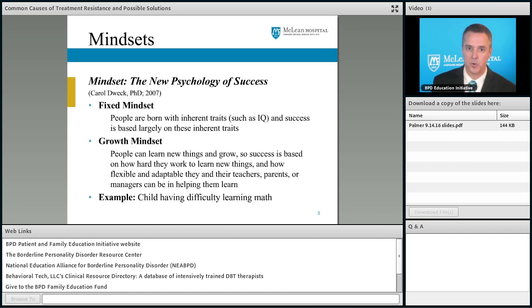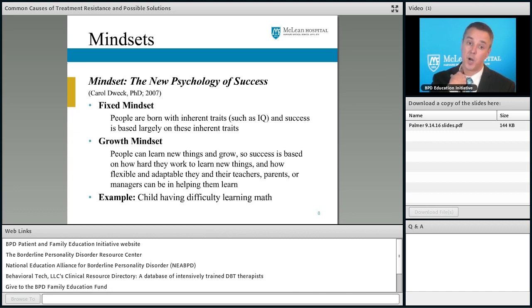The people with borderline personality disorder who are being treated are just tired of it and feel like there's no hope, I'm not getting better. The parents and other loved ones are getting tired and frustrated and feeling like this isn't working. What can we do? The treaters oftentimes are getting frustrated and burned out if symptoms are persisting and nothing's getting better. And mindsets affect all of those people.